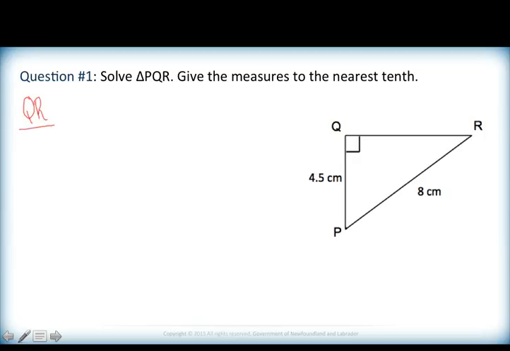We're not given any angles besides the 90-degree angle, so we're going to use the Pythagorean theorem to find the length from Q to R. That will be our easiest strategy.